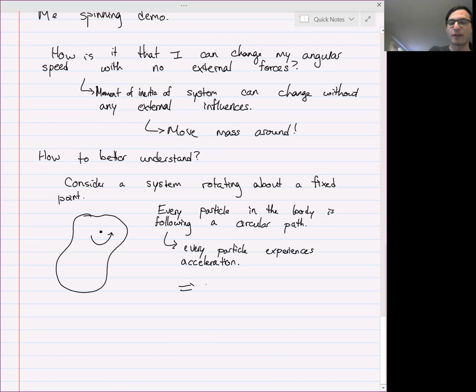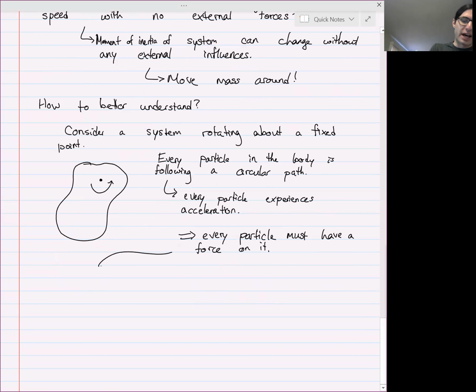What that implies is that every particle must have a force on it, because F equals ma is still true for a given chunk of mass. If it experiences some sort of acceleration, it has to experience some sort of force. Now, generally, for extended bodies like a phone or whatever, that force is like the attractive force between molecules. It's the force that holds the thing together. So the question then is, if every particle experiences a force, how can it be?